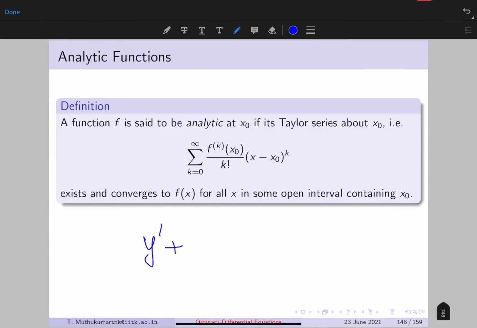Usually a linear first order ODE, as I said, will be something like a1(x) y' plus a0(x) y, and let's take homogeneous.